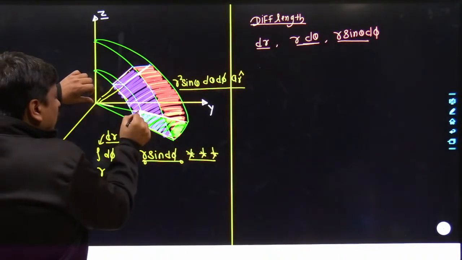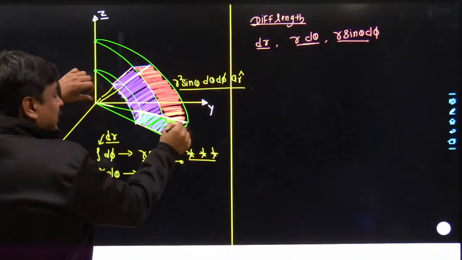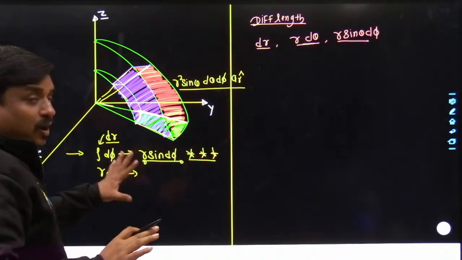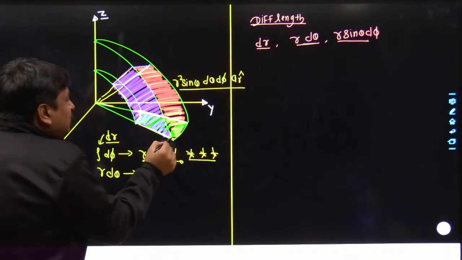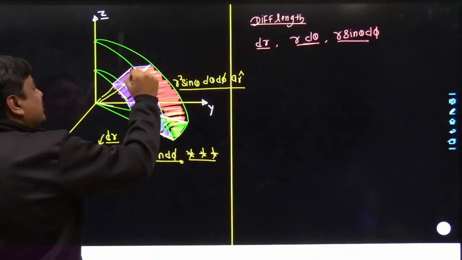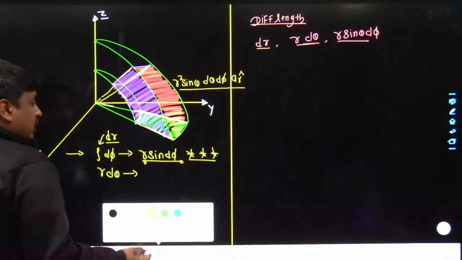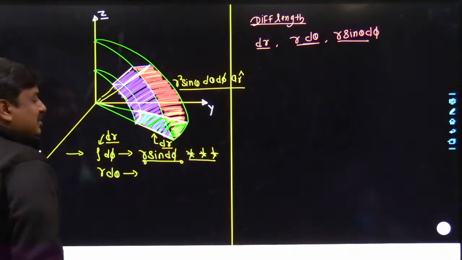But if you go vertically away from this point, obviously the value of r keeps increasing, and the values of theta as well as phi are kept constant. We'll see how. But still you can see very well, these are the four differential lengths which are coming into the picture because of the change in r. So they are nothing but dr. You can take the reference of either of them. Yes, it's simply coming because of the change in r.